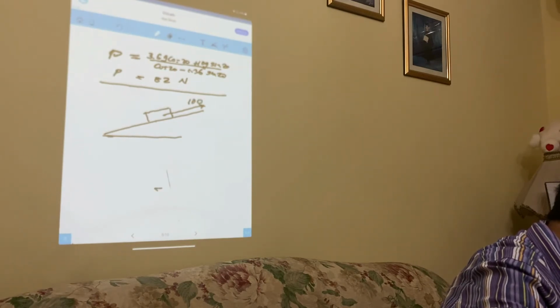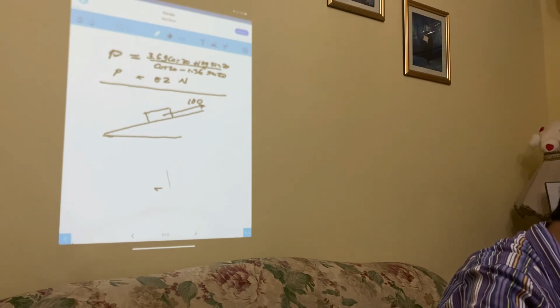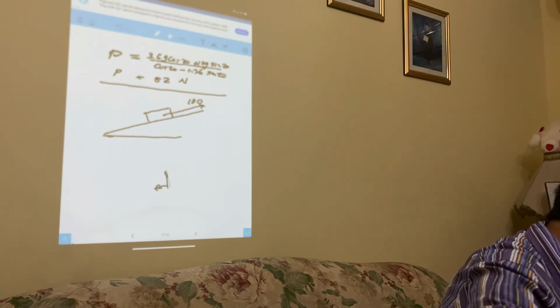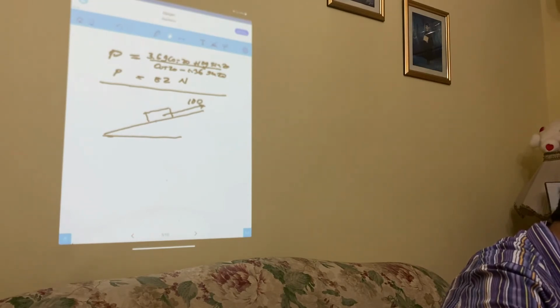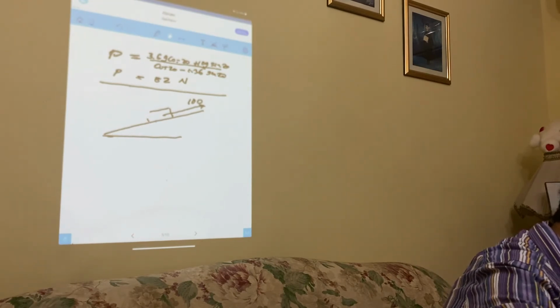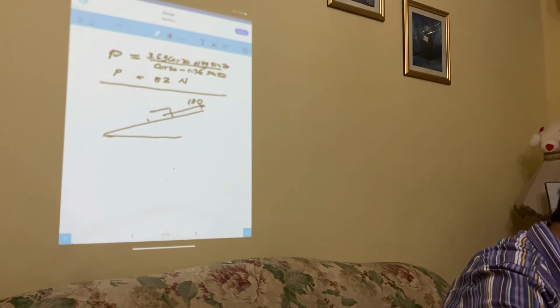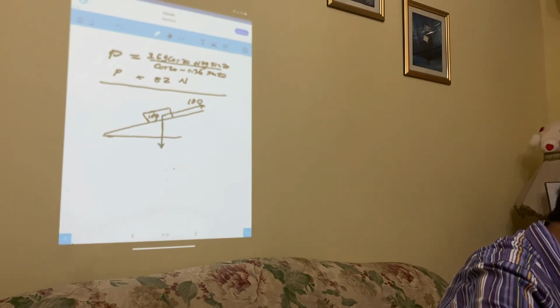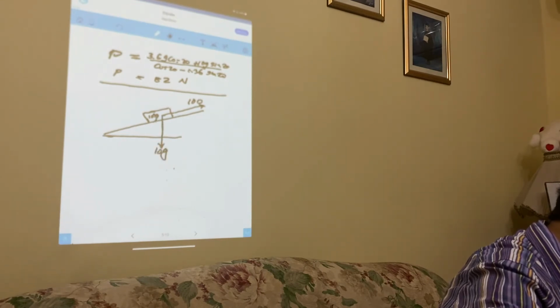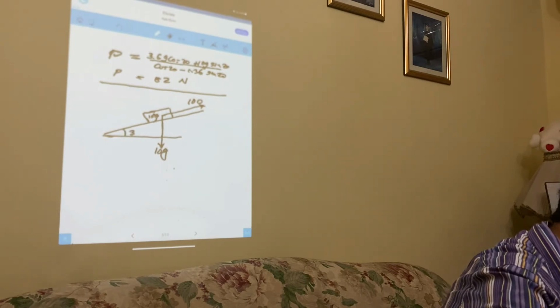The block's mass is 10 kilogram. Therefore, the weight is 10g. The angle is 30 degrees.